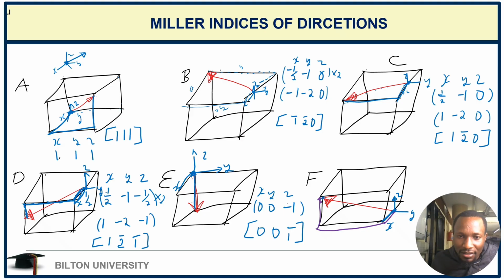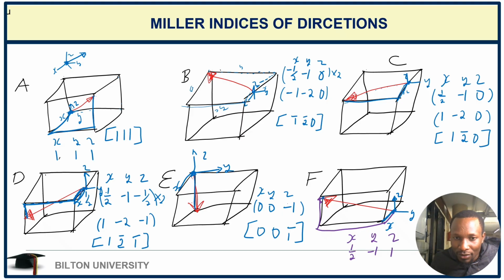Now, having said that, this is halfway in x, but it's in the positive x, so in my x, y, and z, I'm going to have half x, and in the y it moves minus y full length, so I'm going to have minus 1, and in z it moved one length in the upward direction, which is positive z, and therefore this is our full length 1.